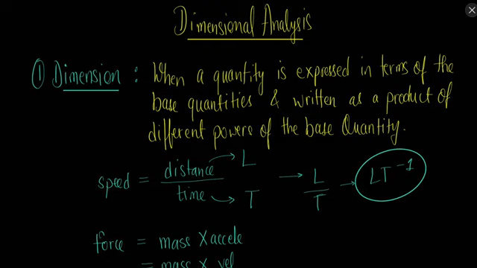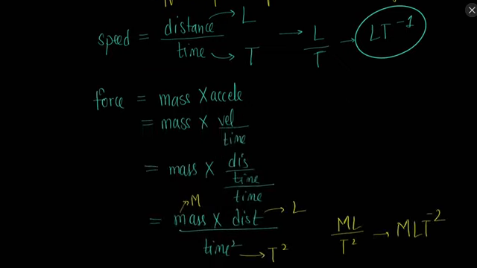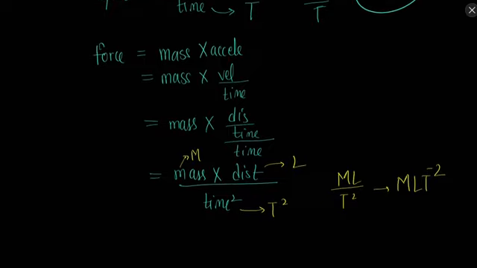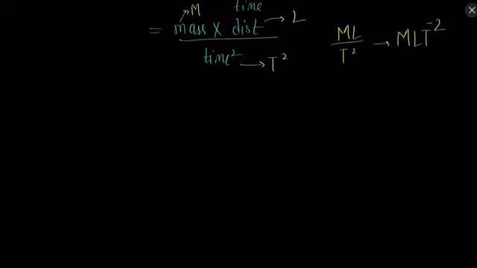So what is dimension? When we derive quantities in terms of fundamental or base quantities, then those are the dimensions of that derived quantity. For example, speed is the derived quantity and its dimensions are L T^-1. Force is a derived quantity, its dimensions are M L T^-2. So ultimately we have 7 fundamental quantities.